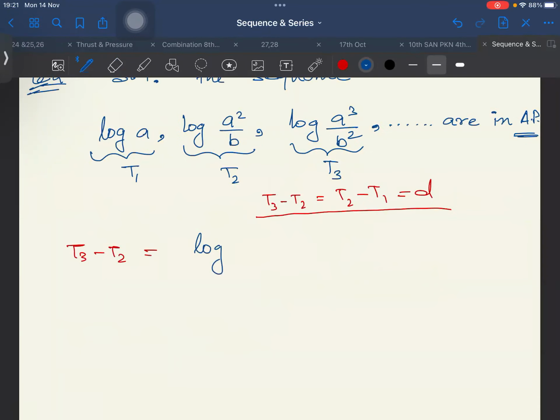What is the third term? Log A cubed upon B squared minus log A squared upon B. Oh, how can you just say no, sir? Haven't you studied that in chemistry and in physics? It is in the first chapter, mathematical tools.